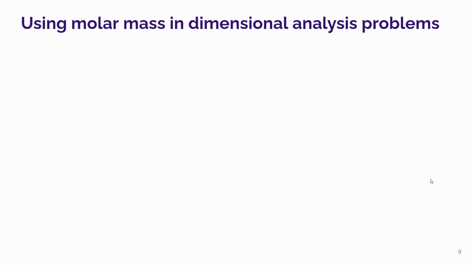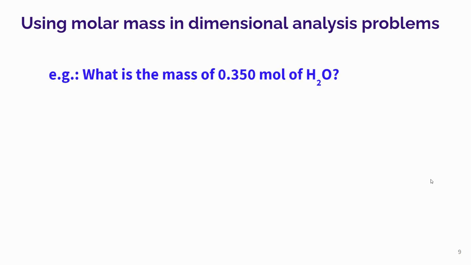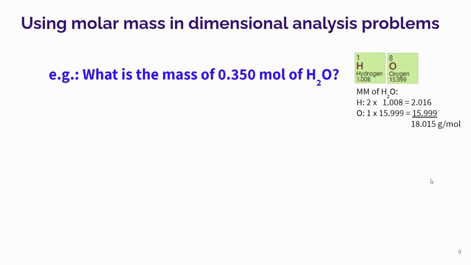So let's use molar mass in dimensional analysis problems, in other words, conversions. Let's start with an example. If you were to find the mass of 0.35 moles of water, here's how you would set that up. We're going to need to reference our periodic table, so I've grabbed the hydrogen and oxygen blocks here for us. We know we're definitely going to need to find the molar mass of water.